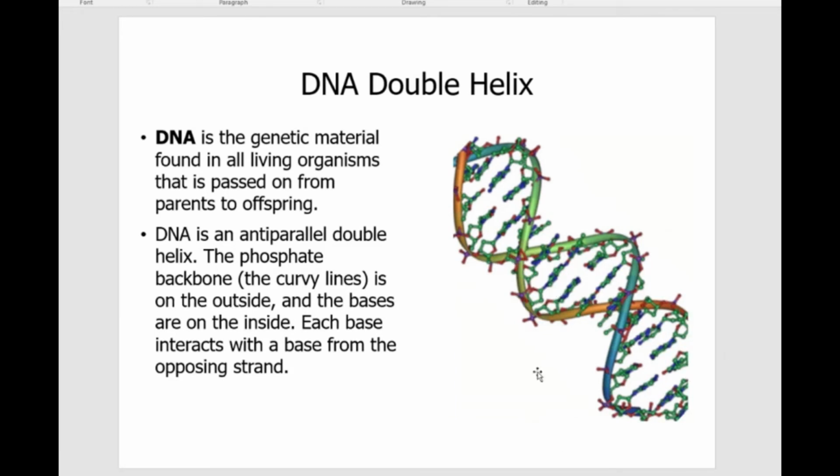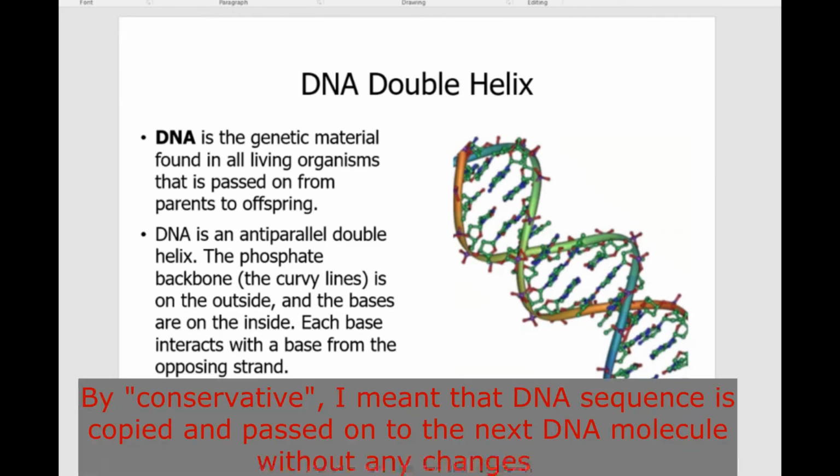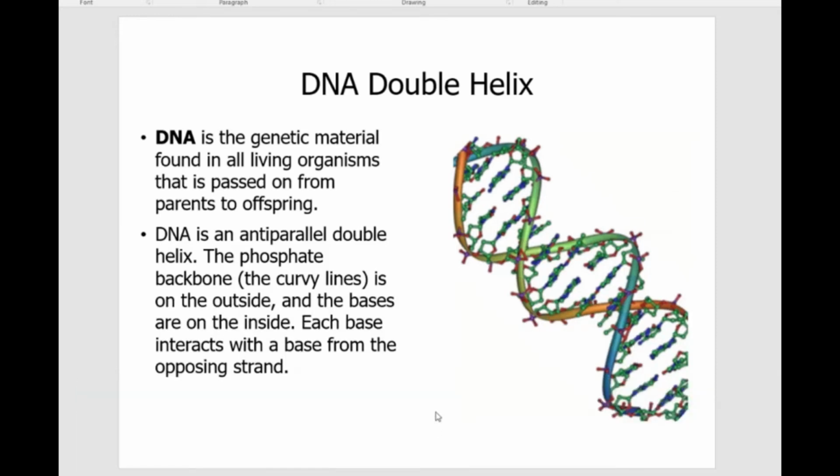This structure is actually very important. It ensures that DNA can be replicated in a very conservative way, so you try to minimize any alteration, any mutations. You're making exactly the same new DNA as the old DNA. We'll talk about all those in detail when we get to the DNA chapter.